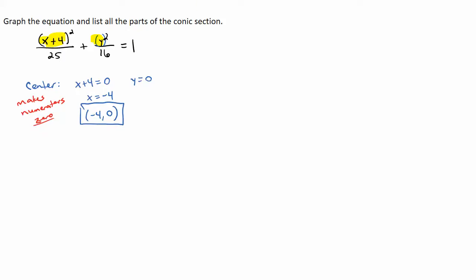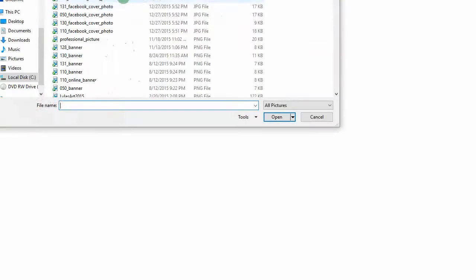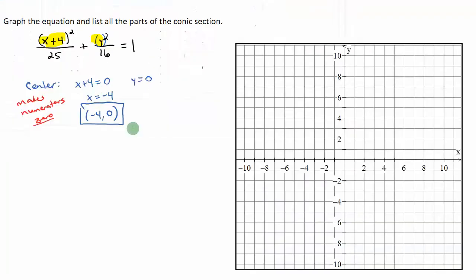Alright, so that's my center. Let's graph as we go here. I think that's the best approach to this, because if we can visualize it, it's much easier to list the parts. So the center is at negative 4, 0. Then I need to measure up, down, left, and right. And so 25 is going to give me my horizontal distance.